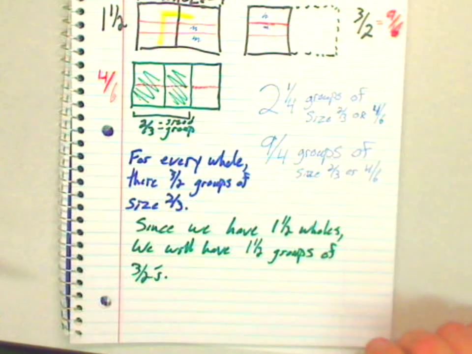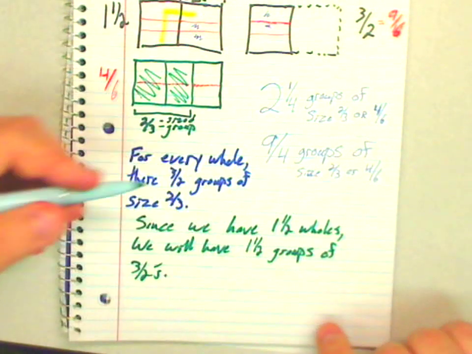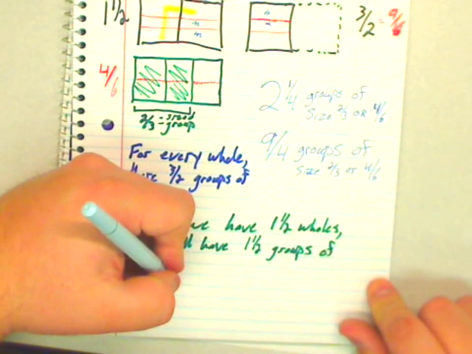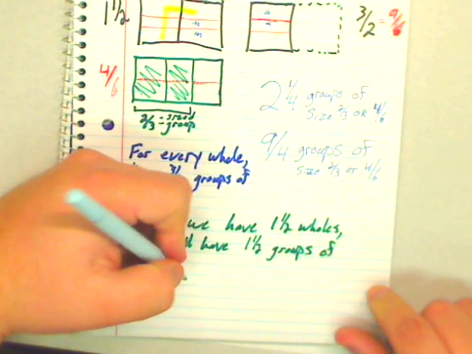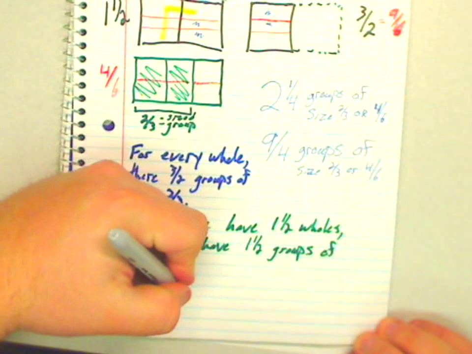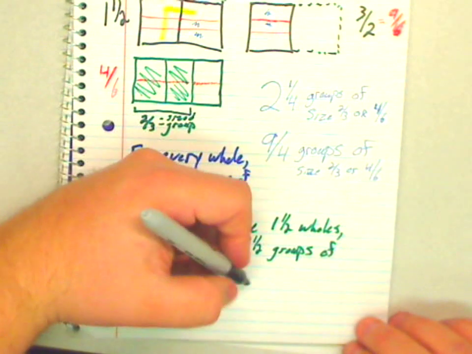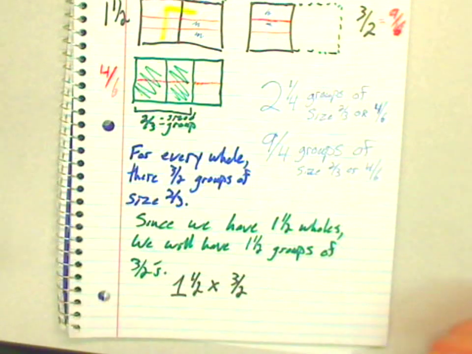Okay? All right, that's how many of these we have. So that means we are going to have 1.5 groups of 3 halves. That's mathematically the same as saying, and we'll write this in black, this is our conclusion, that we have 1.5 groups of 3 halves, right?